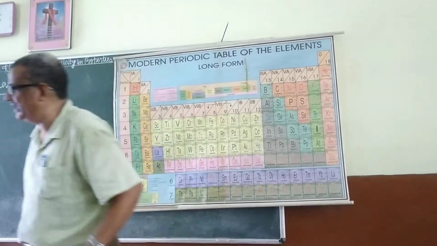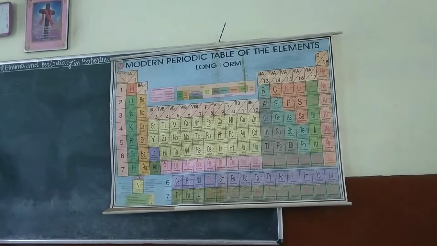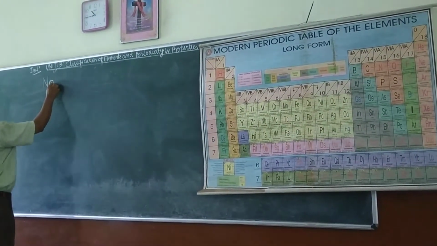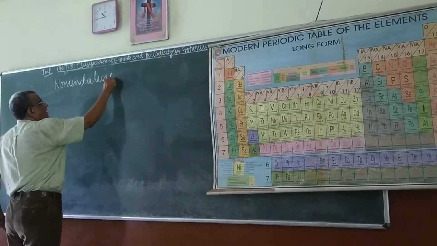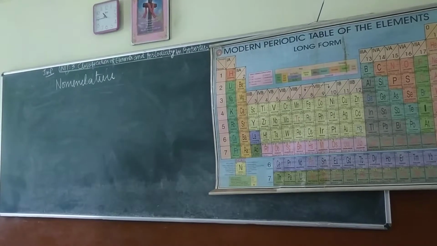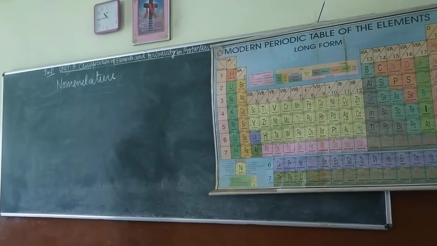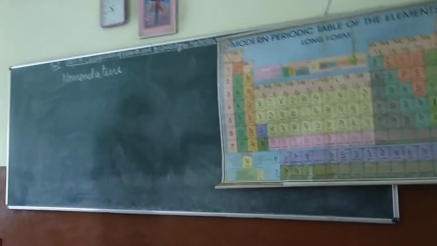Let us now study the nomenclature. What do you mean by nomenclature? Please see here. In nomenclature, I just told you the IUPAC assigns the names to the new elements.